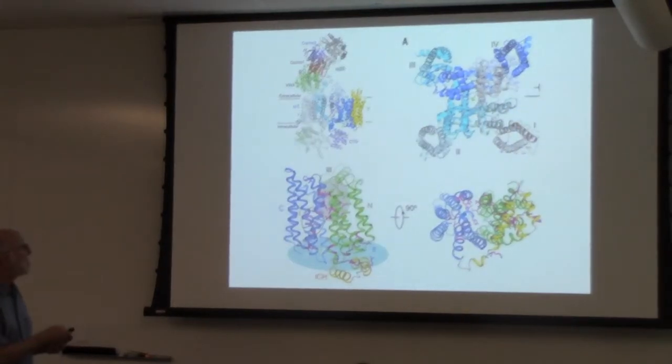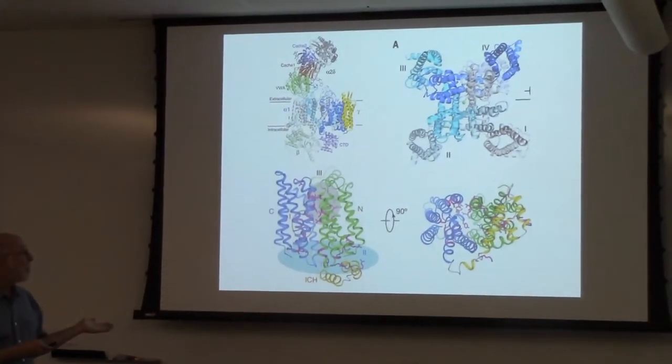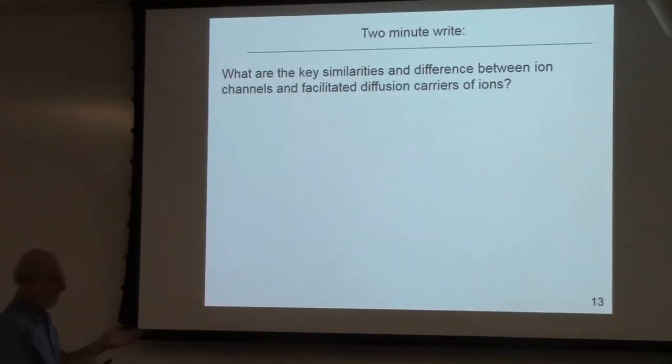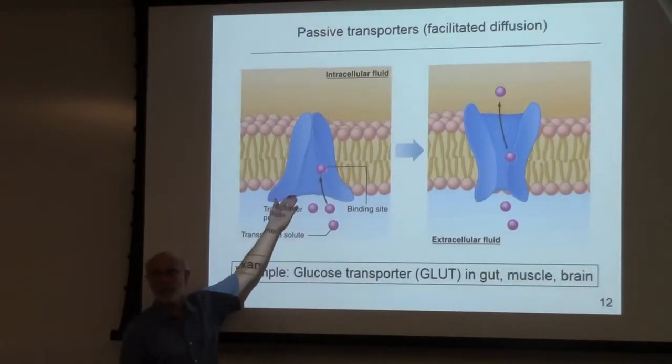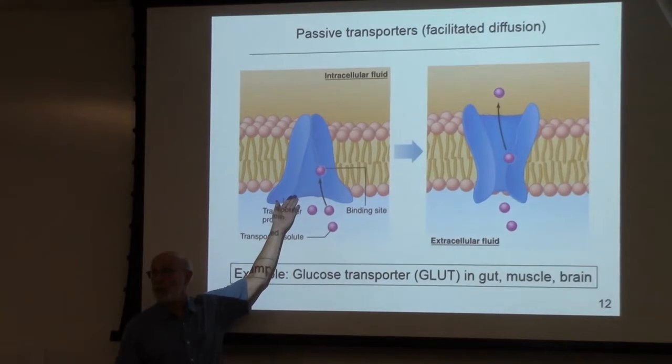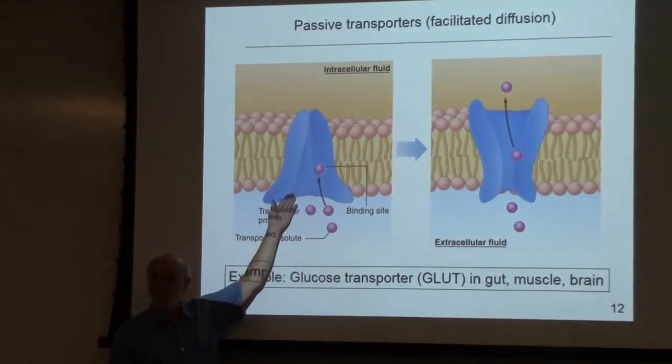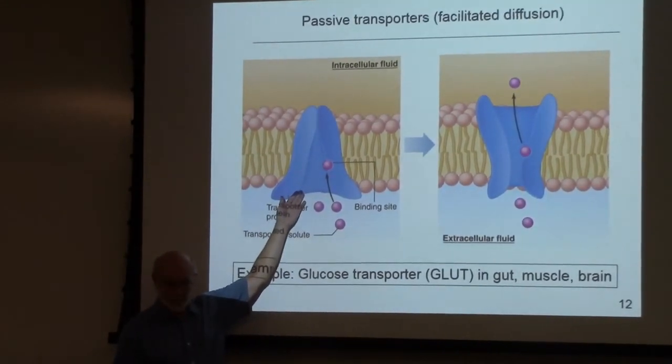Right? So this right here is a side view of this protein, the glucose transporter. So this is the blobogram, which you're going to be seeing a lot of.